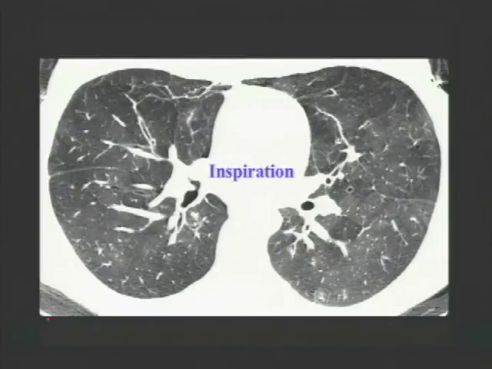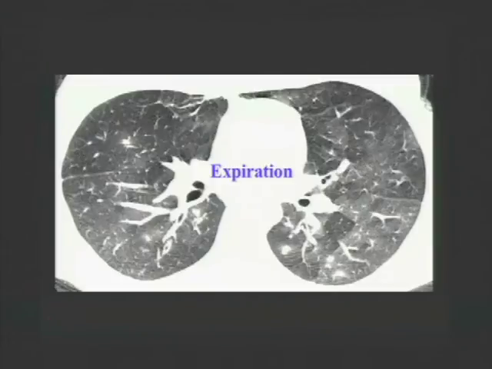Notice that there are patchy areas of lucency. Here is a single pulmonary lobule that appears lucent, and that is because there is less perfusion of that lobule because of an airway abnormality. And here on the expiratory image, you can see air trapping, and specifically in that one lobule, again, air trapping because of an airway abnormality as the cause of this discrepancy in perfusion.